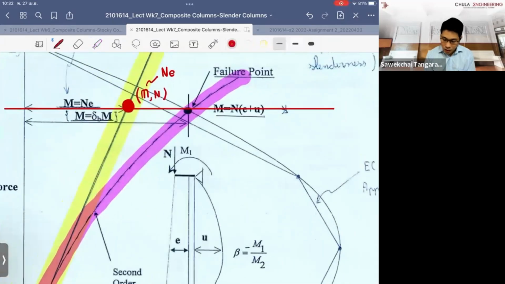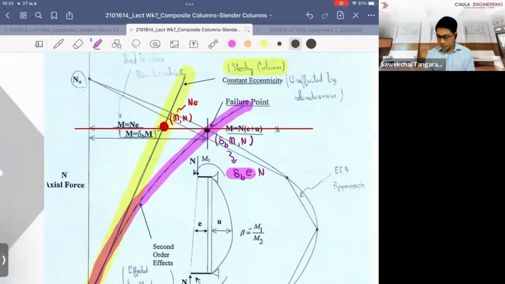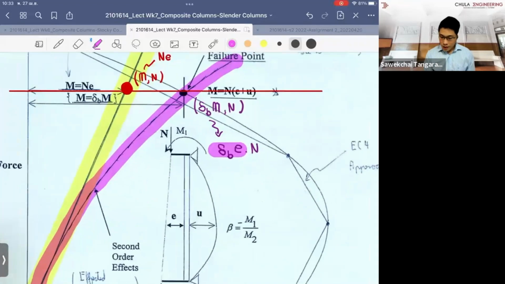Because the formulation of this line, if I take this point, is delta B times M and N. And of course, you can describe these terms as delta B times E, and times N. So you would have these terms affected, right? Especially the one here.